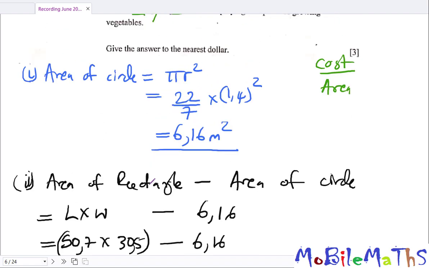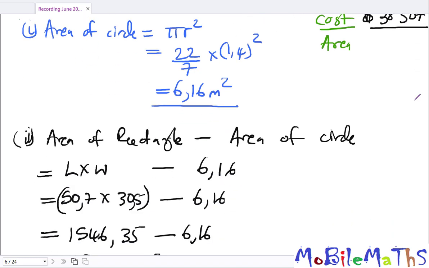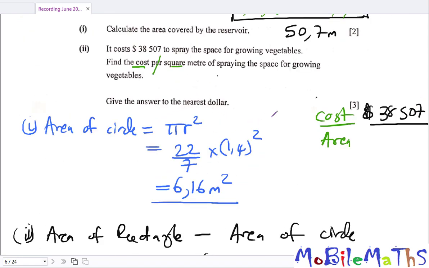Coming back to our question, we said if we want to find the cost per square meter, I'm going to say cost, which is 38,507 divided by the area that I just calculated, which is 1540.19 m squared. So we divide.